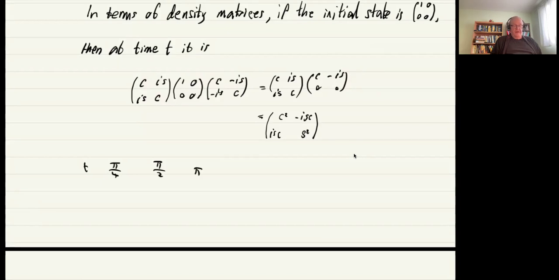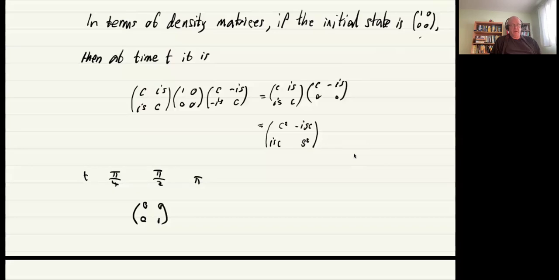The interesting time for us at the moment is pi on 2, because then cos pi on 2 is 0, and so you get 0, 0, 1. So if your initial state is this, and you're looking at the continuous quantum walk on K2, at time pi on 2 your state is this. And so you've transferred the state from vertex 1 to vertex 2.